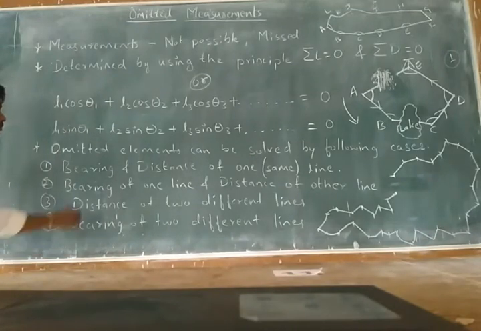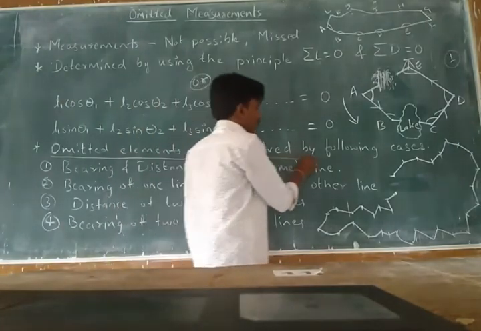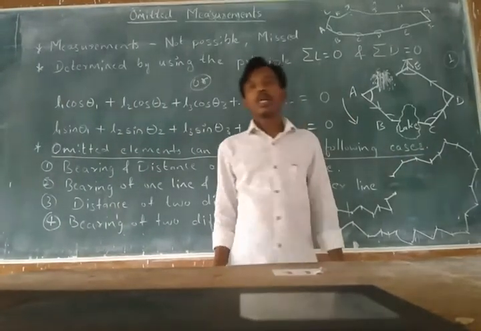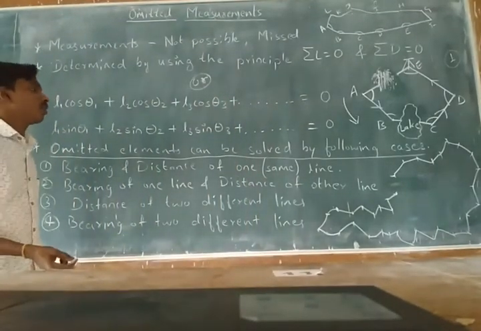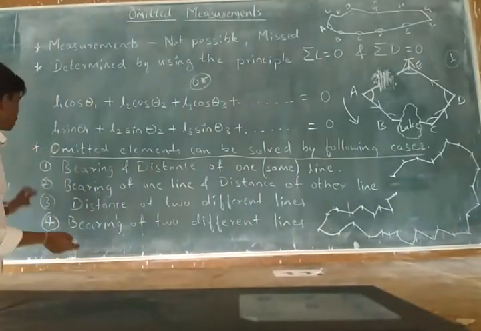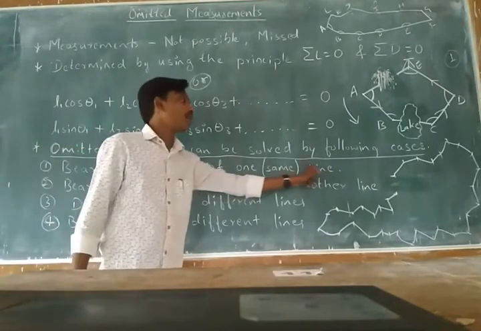Now there are some criteria. On what conditions can we measure the omitted measurements? Here you can see the first one: bearing and distance of the same line.